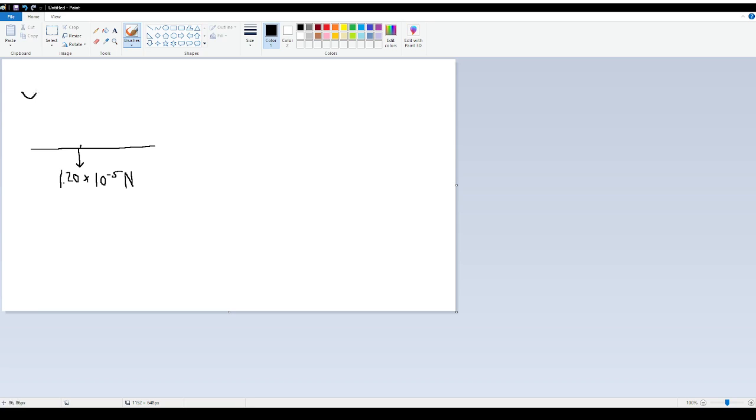And there's a wind going this way that gives a force on it of 0.50 times 10 to the negative 6 newtons.